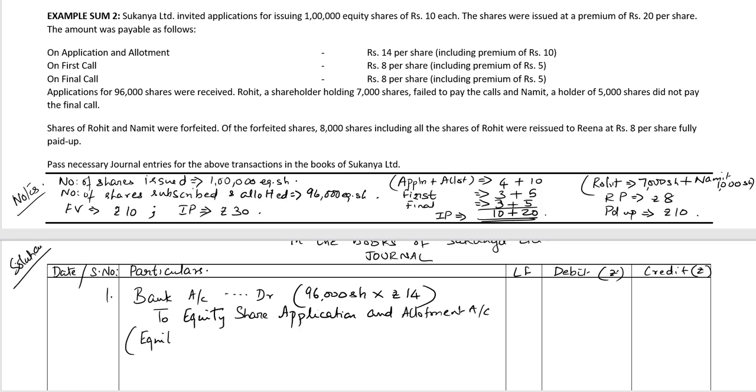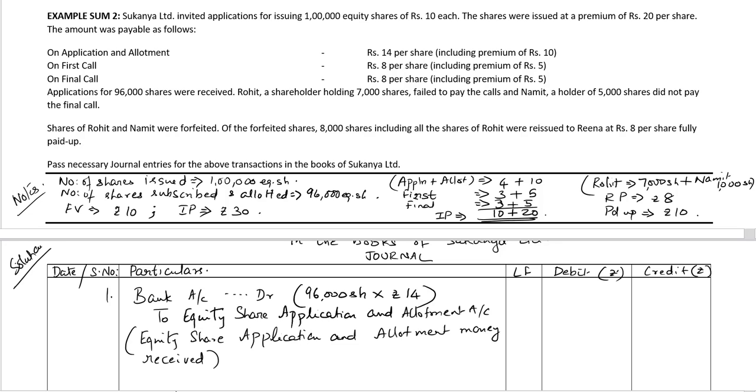Equity share application and allotment money received. So the amount received is ₹13,44,000.